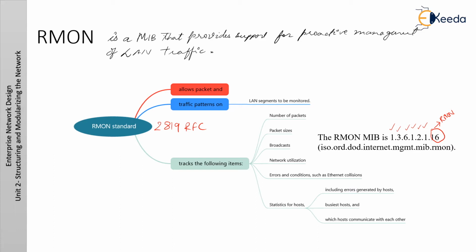RFC 1513, Token Ring Extension to the Remote Network Monitoring MIB, defines extensions to the RMON MIB for managing IEEE 802.5, which is the token ring network. This is the RFC and this is the IEEE standard.